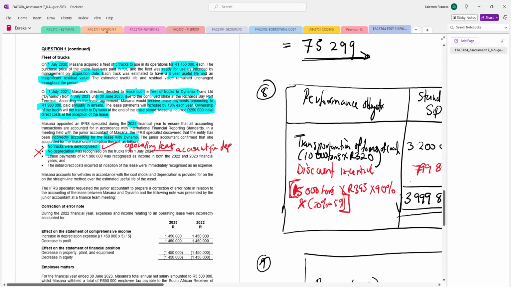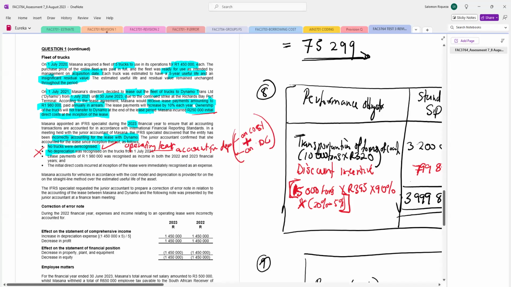And the depreciation must be accounted in two parts: on cost plus on what is this one called? Initial direct cost, IDC. So the depreciation must be depreciation on cost and depreciation on initial direct cost.